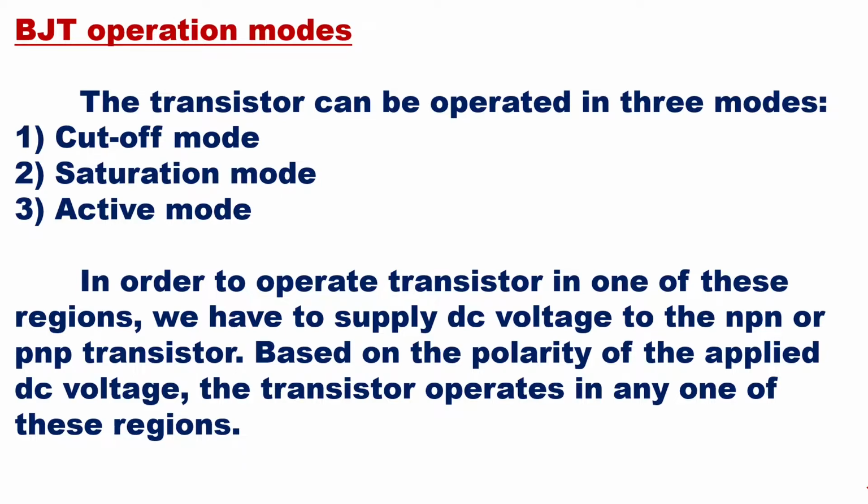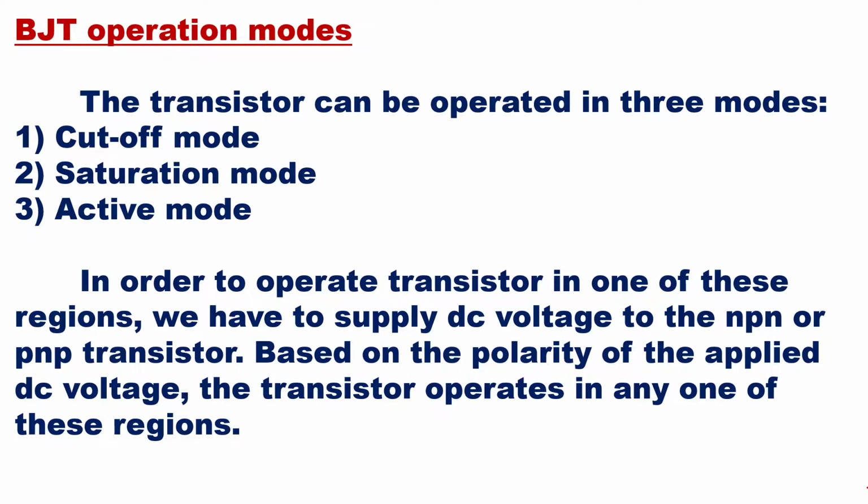Now, to make your BJT run in a particular mode, consider the DC voltage we apply to the BJT, whether the BJT is NPN or PNP. Appropriately, according to its charge carriers, whether negative or positive, you have to decide the polarity of the voltages applied.